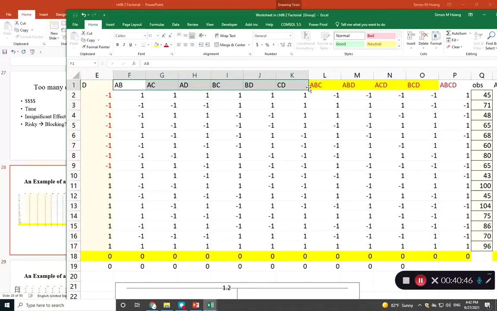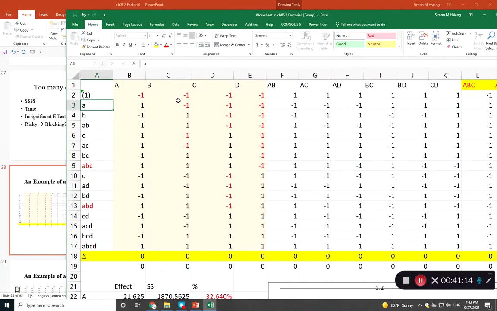Okay? So totally, for 4 factors, 4 main effects, 6 two-way interactions, 4 three-way interactions, 1 four-way interaction. Everybody can see that, right? So now the thing is how to build that.